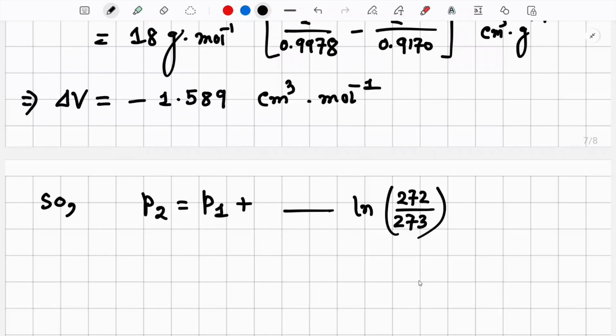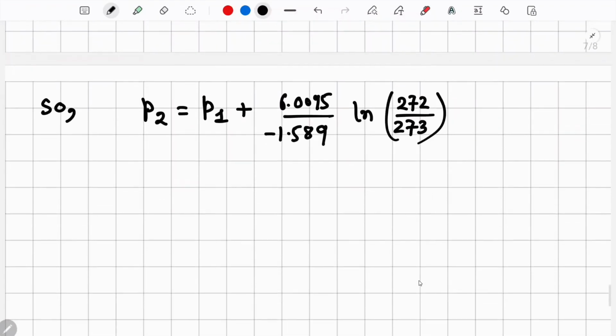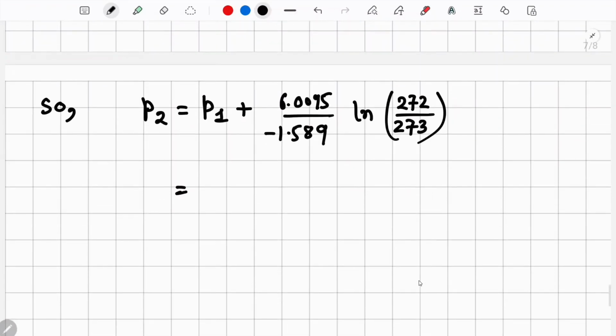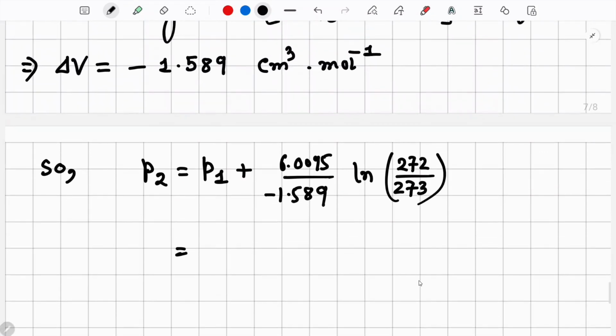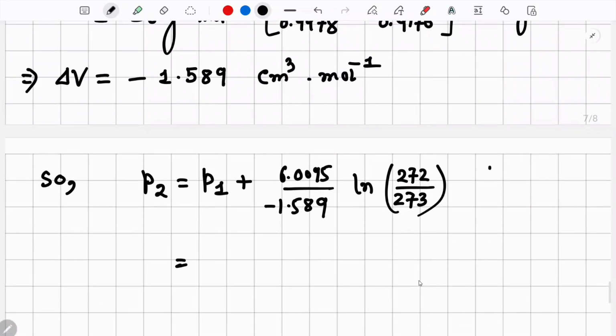and that value is 6.0095, and this is minus 1.589. Just calculate it. And what will be the unit? Delta HF has the unit of kilojoule per mole, and this is centimeter cube per mole. So the unit will be kilojoule per cc.